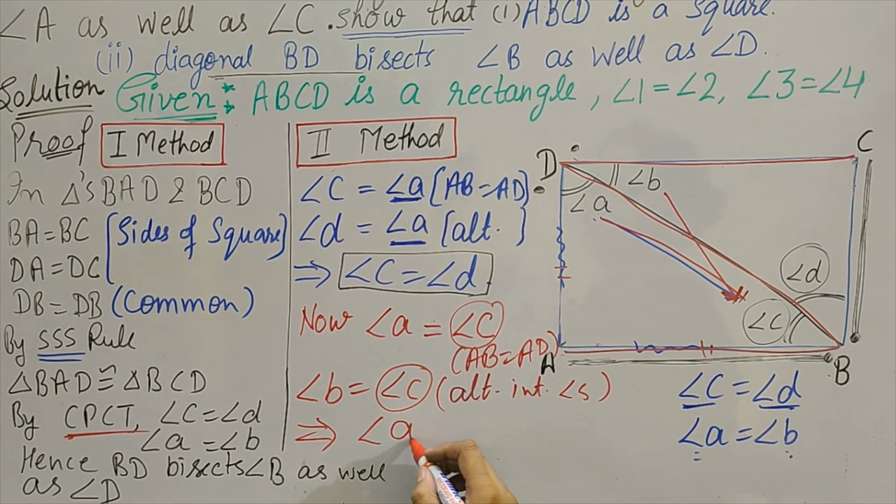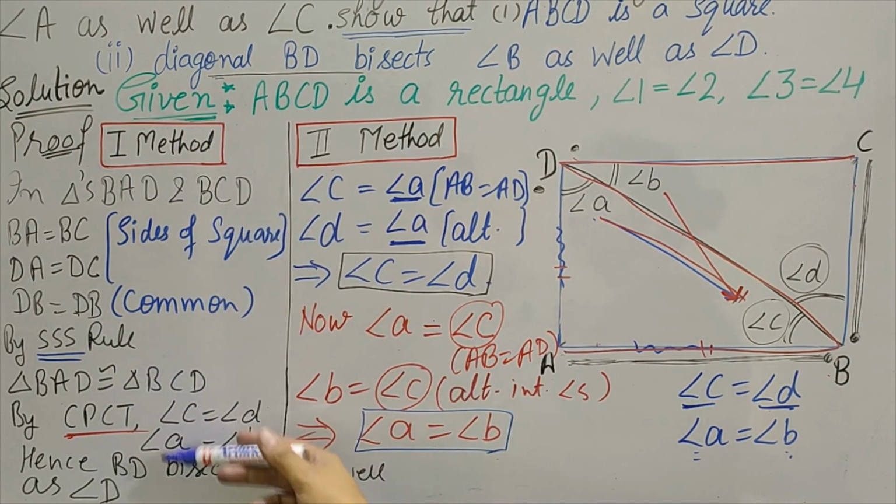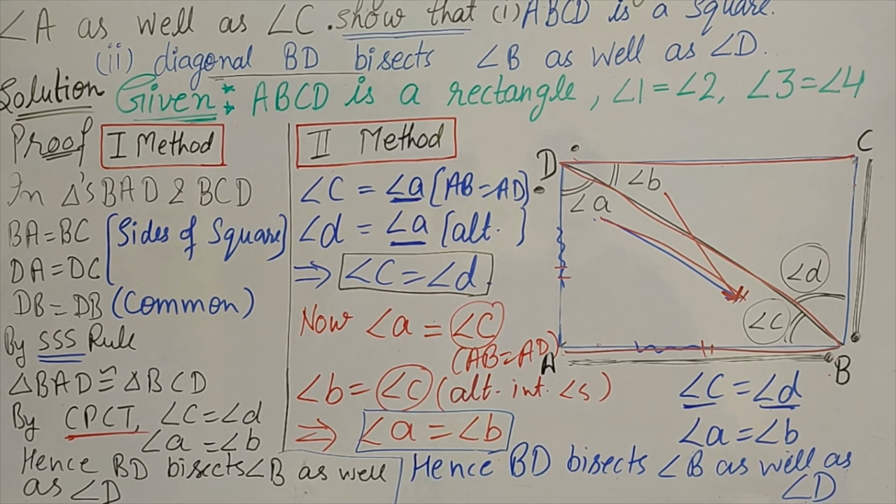Angle A is equal to angle B. And this was our target. We had to prove exactly this equal. Okay? So by angle logic you can prove your result, or by proving the triangles congruent you can prove your result. And finally, don't forget to write a conclusive statement. Hence BD bisects angle B as well as angle D.